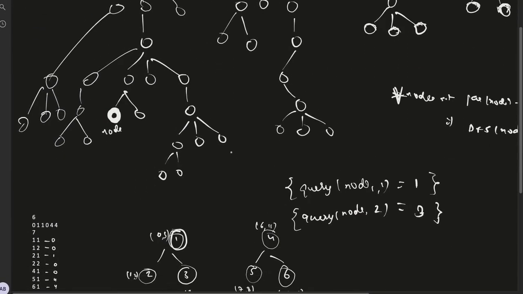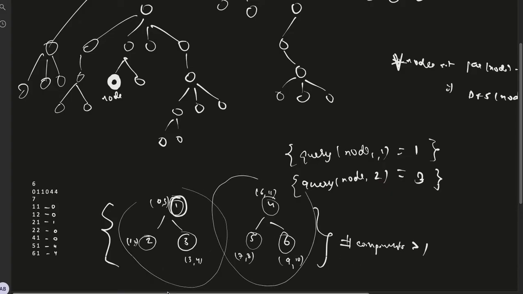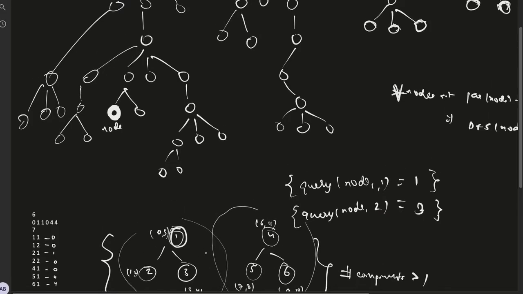For example, the example in the question is not a tree, it is a forest. By forest, I mean that the number of components in the graph is greater than 1. So these are two distinct components of the graph. That's why it's a forest and not a tree.